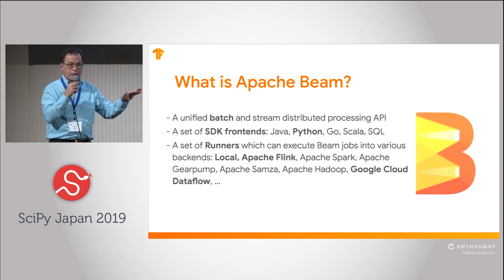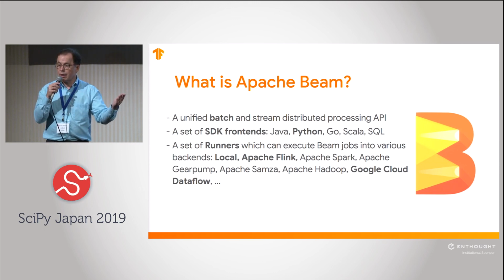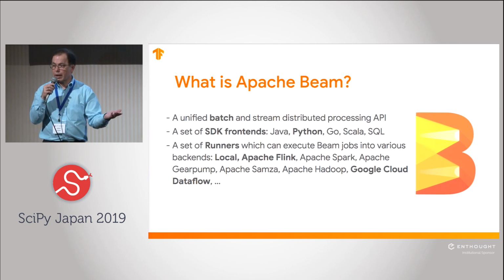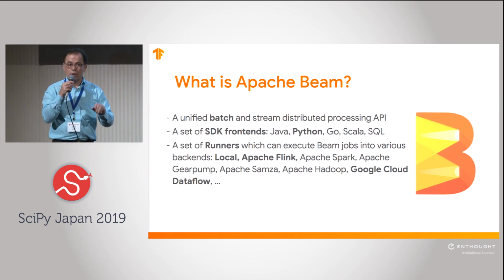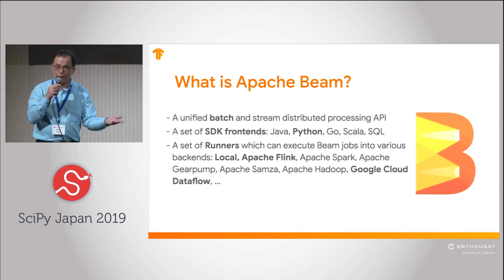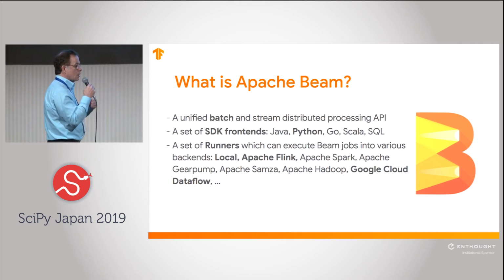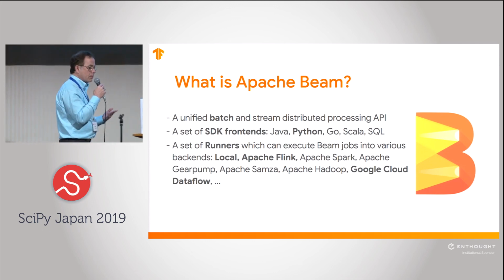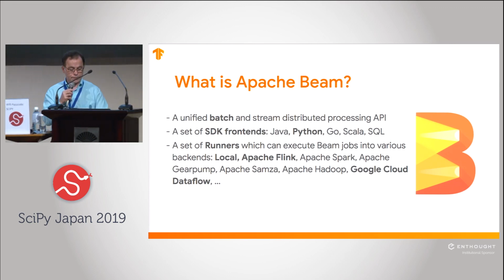Apache Beam runs on top of those and provides a stable, unified layer of abstraction on top of them. So when you decide to change frameworks, maybe you're going to go from Spark to Flink, you don't have to change your code. You just change the runner that Beam is going to use.